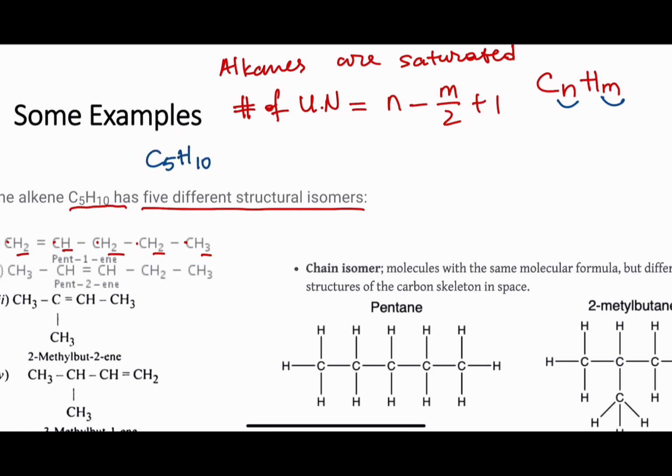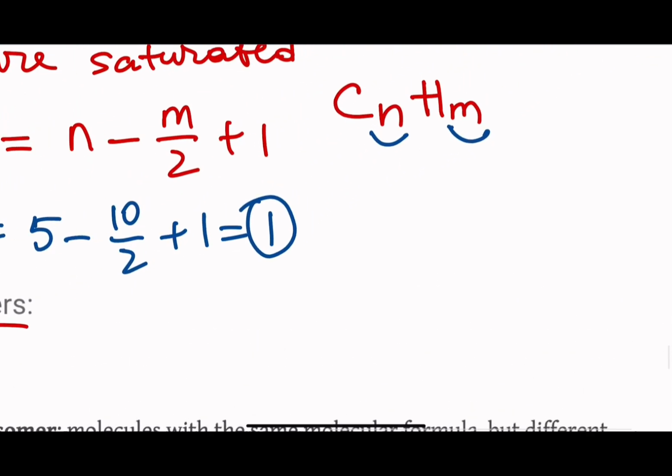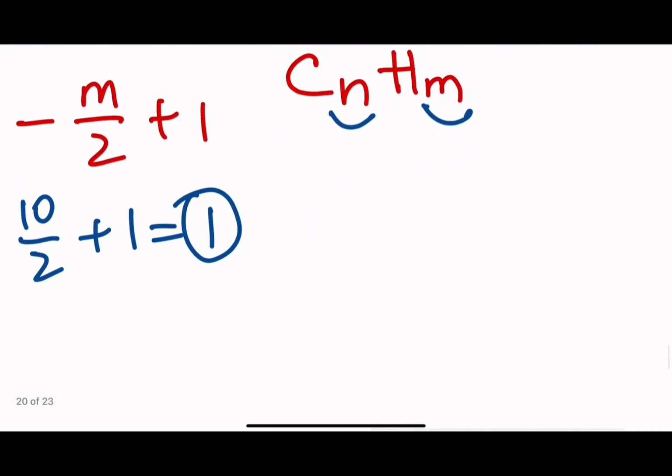I got here number of unsaturation. Number of unsaturation would be 5 minus 10 over 2 plus 1, which will be 1, right? And the number of unsaturation, I'm telling you, is either if you have one number of unsaturation, it means it has a double bond.